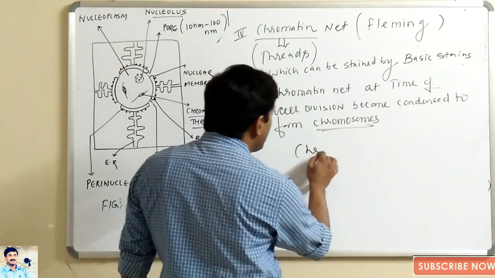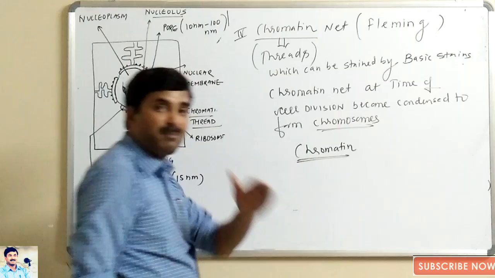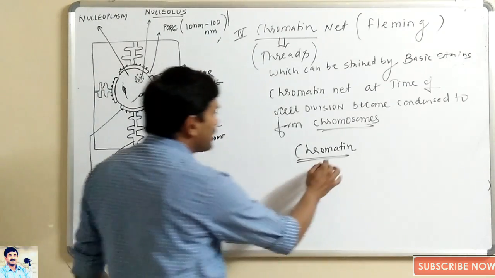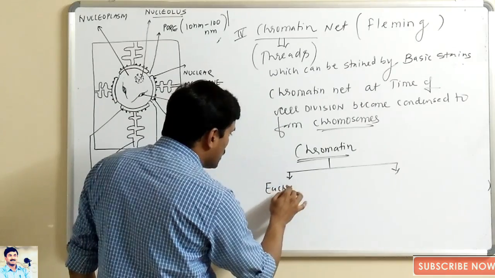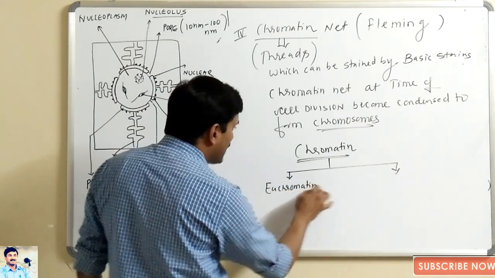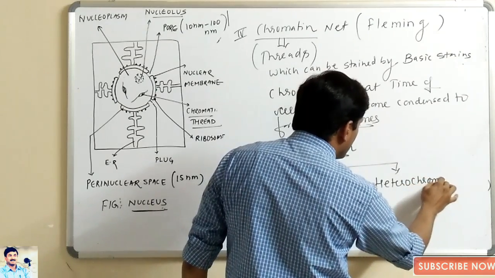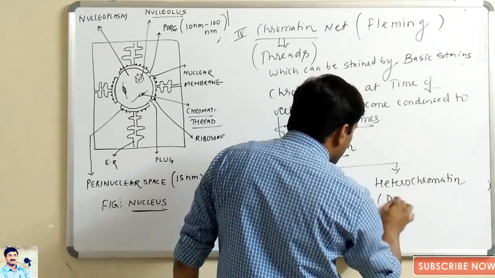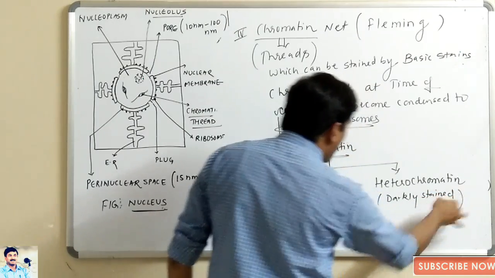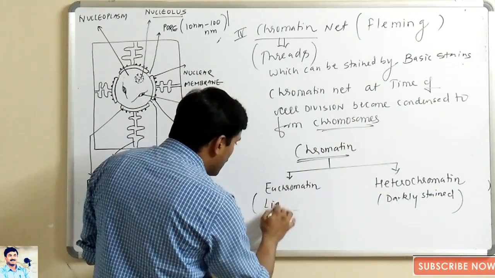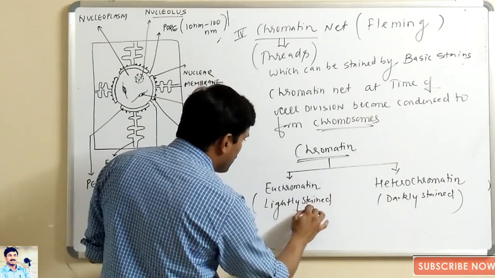Okay. And earlier also in my previous videos I have said, you can go into details there, that chromatin is of two types. One is known as euchromatin and the other one is known as heterochromatin.